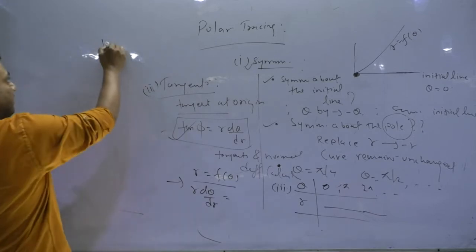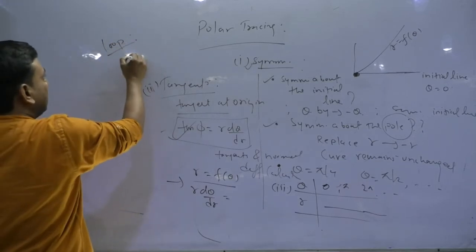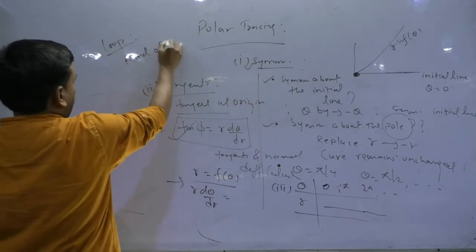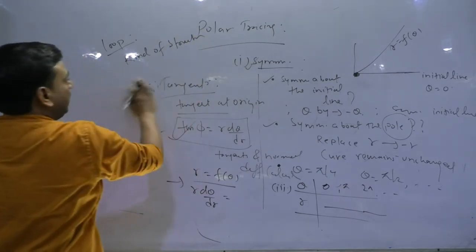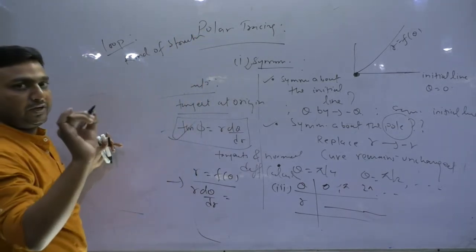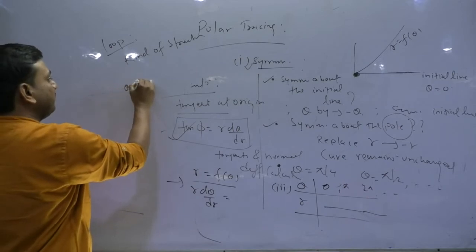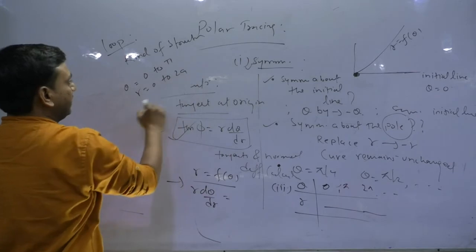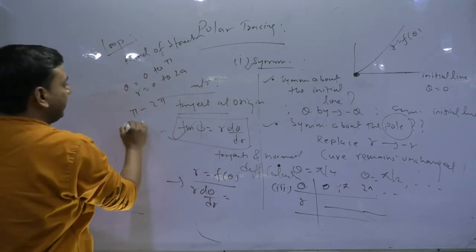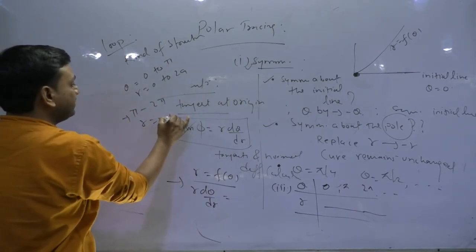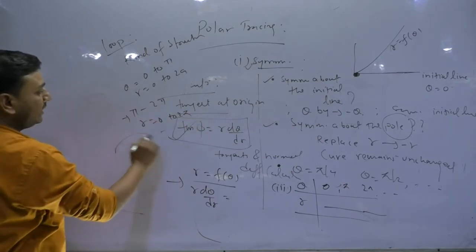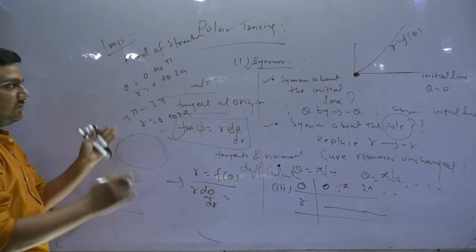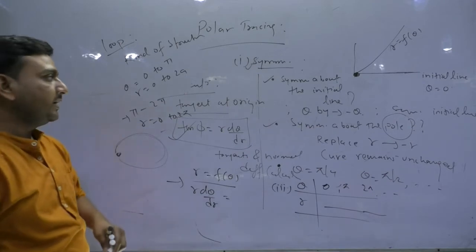Here we will often have a loop kind of structure. For a loop, what you need to follow is, let's say theta goes from 0 to pi, r goes from 0 to 2a, and after pi to 2 pi, r is again 0 to 2a, which means it will make a loop between 0 and pi. The loop I have already detailed.